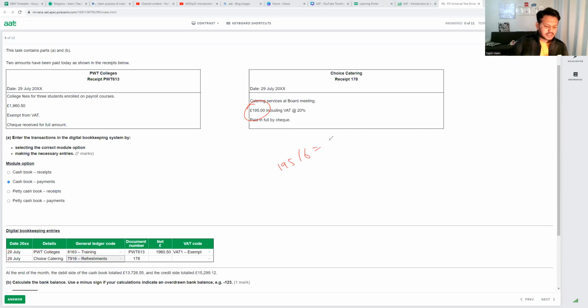So 32.5 is the VAT. And if we minus that from 195, that will tell me 162.5 is the net. They're asking for the net only, so that's fair enough. 162.5. And the VAT is standard, so 20%.